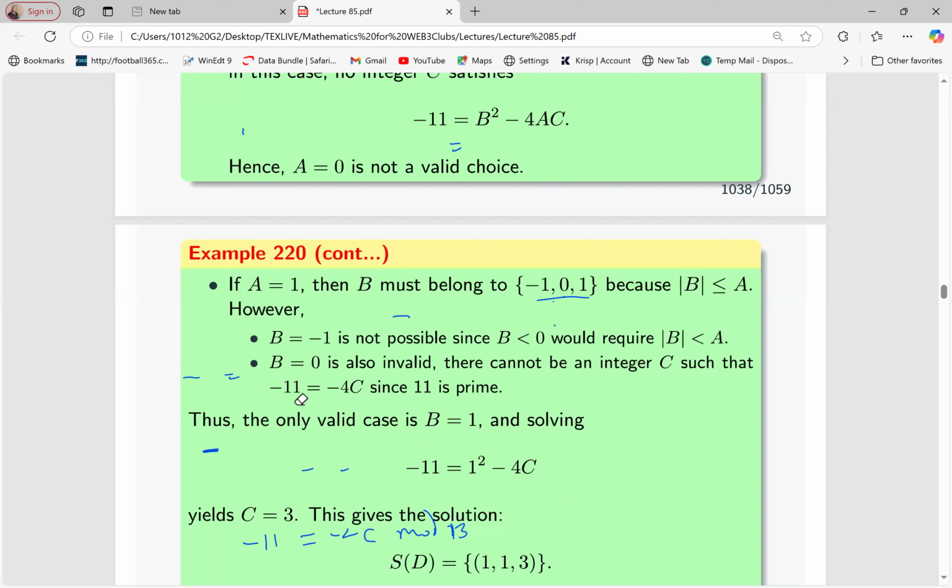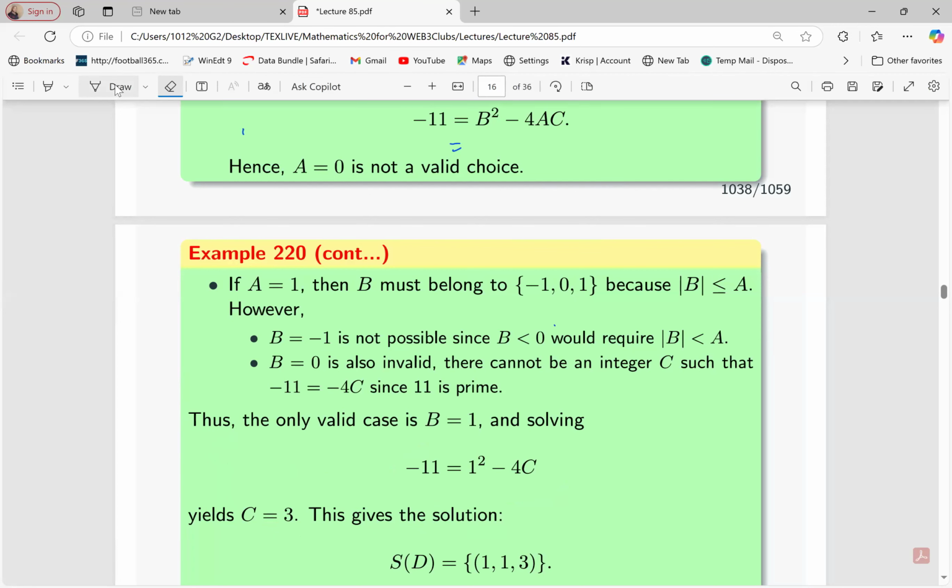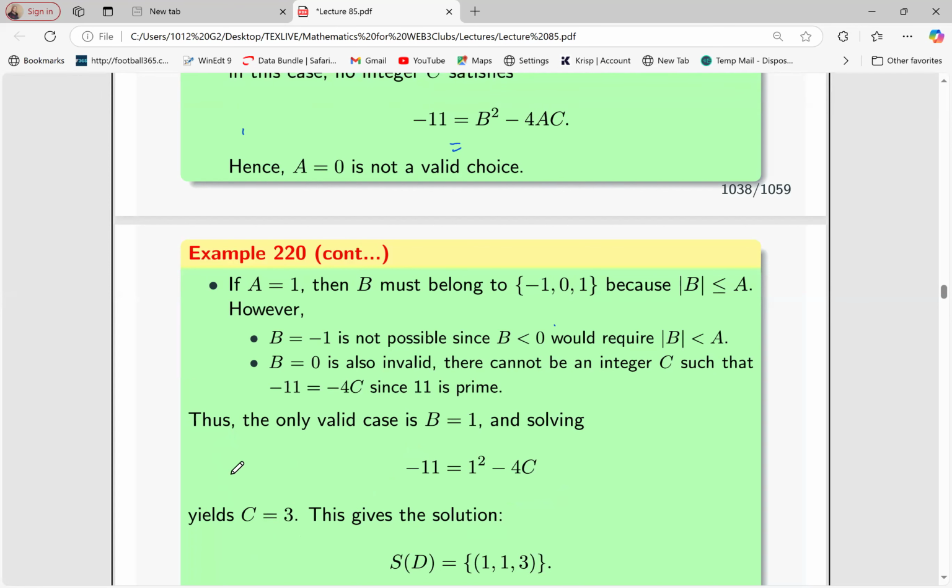So we are left with only one option. Let's try it and see. B to be 1. Let us see if we can obtain C. Negative 11 is B square minus 4AC.